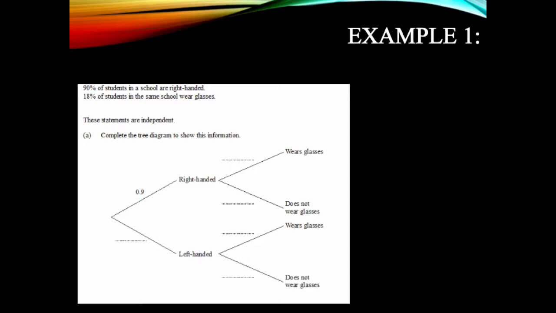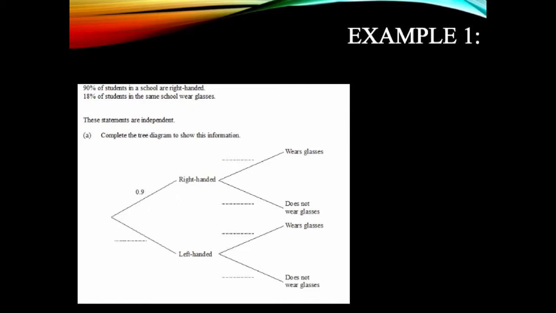Okay, it then says complete the tree diagram to show this information. Well, this is a really interesting one because we've got some information here on this first branch. People are either right-handed or left-handed predominantly. Now, I can see how some people might be thinking, oh, I'm ambidextrous. It doesn't say anything about this, it just is looking in terms of right-handed or left-handed.